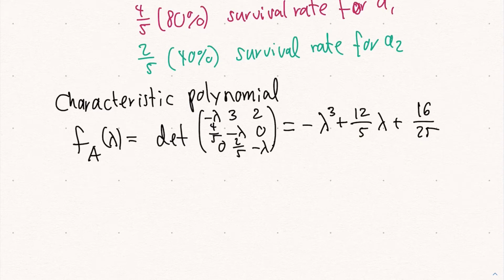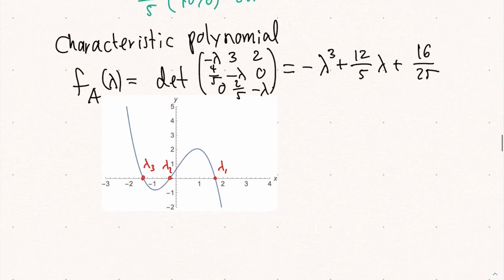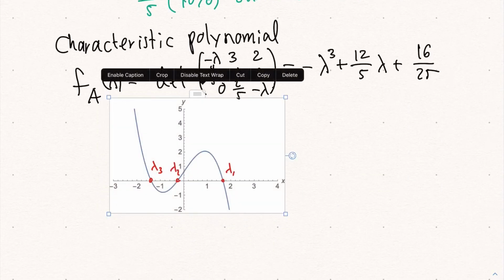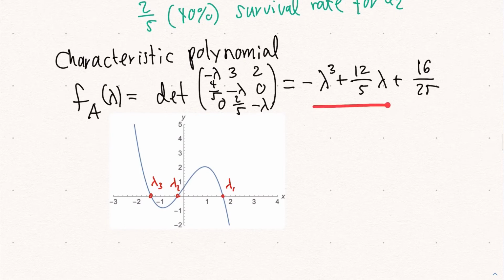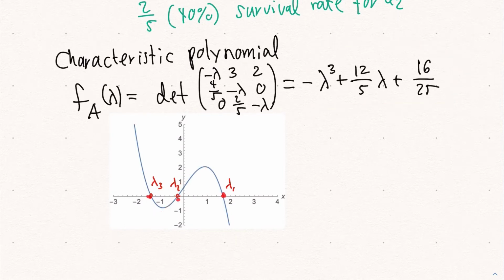In this case the eigenvalues are not really nice, but let's plot this function here. If you plot this polynomial here, you get this graph, and you see we have actually 3 zeros, so we have 3 eigenvalues, and the dominant eigenvalue is the one which is most on the right. So here this is lambda 1.